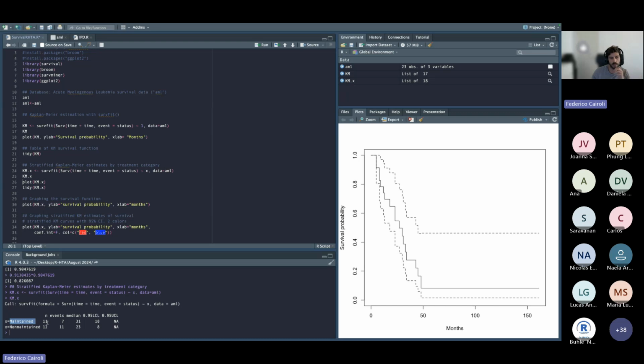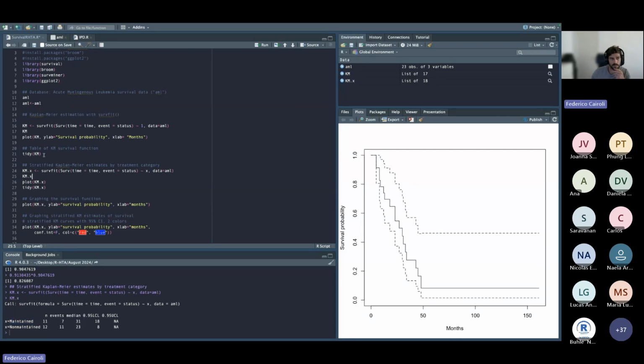For the maintained group we have 11 patients, while for the non-maintained group we have 12 patients. You can also see the total number of events and the median survival with the confidence interval. Here we are seeing not available because we are working with a really low sample size, which is why we cannot see the entire confidence interval. You can see that the median survival is higher for the cohort that was using the maintained treatment.